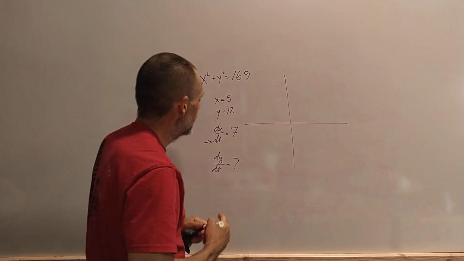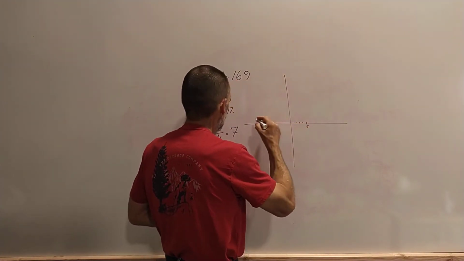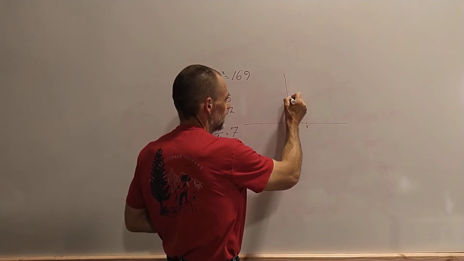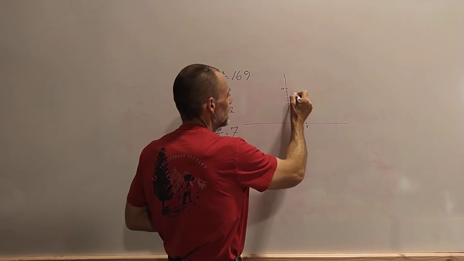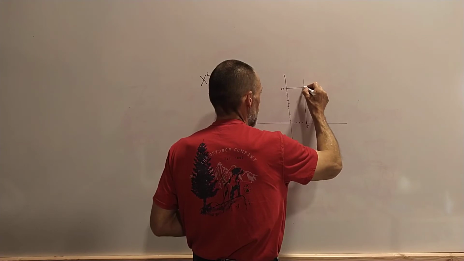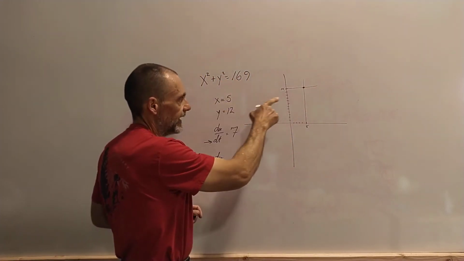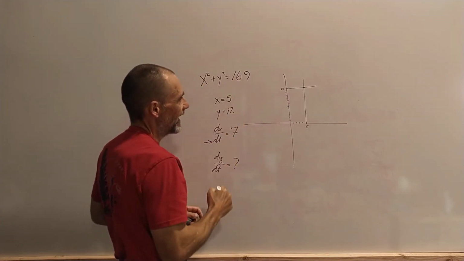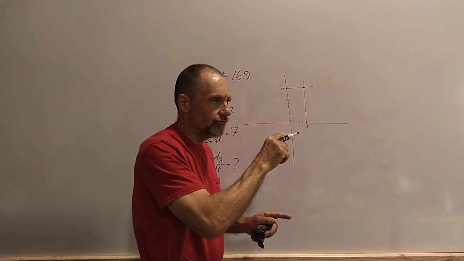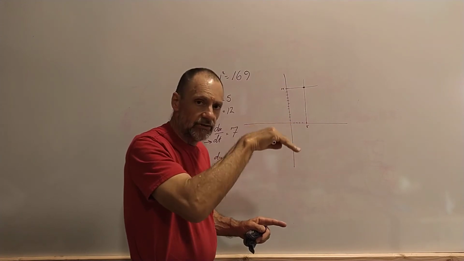Now, we have here that x is 5, 1, 2, 3, 4, 5, and y is 12. So this is a position. 2, 3, 4, 5, 6, 7, 8, 9, 10, 11, 12. So at some particular time, our particle is right there. Now, we know that that particle is on this circular path, and the direction of travel of something on a circular path is always at 90 degrees to the radius.